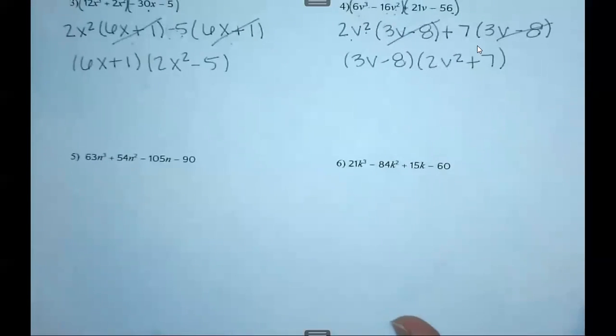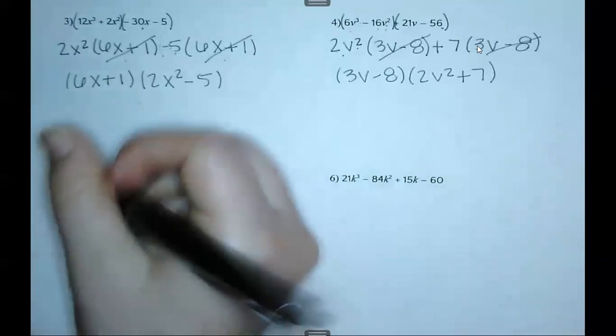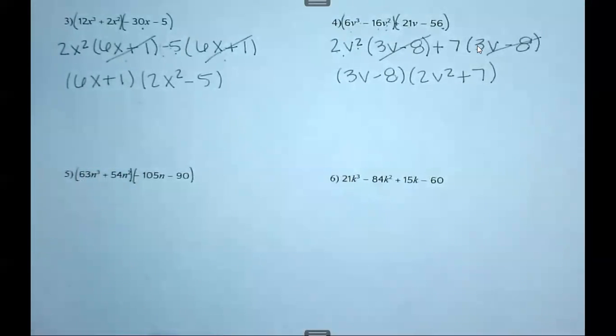Okay, number 5. So if we look back up there, our first step was to make our groups. So in group 1, I'm looking for a GCF, a number that goes into 63 and 54. So that would be 9.